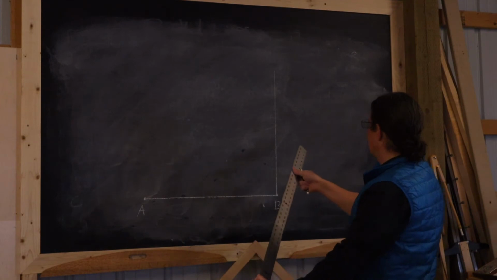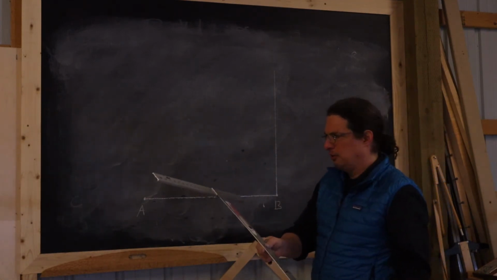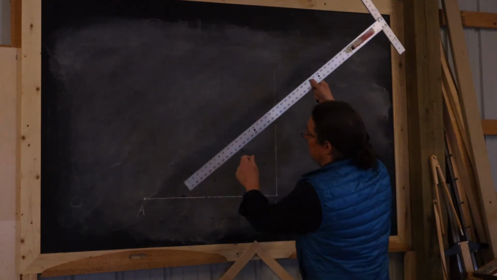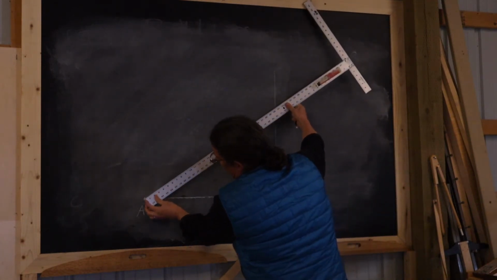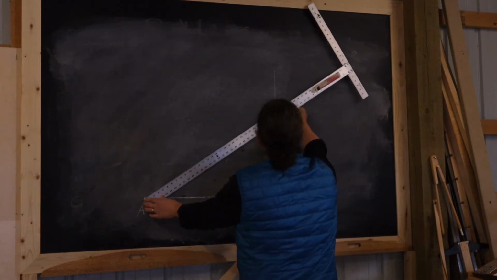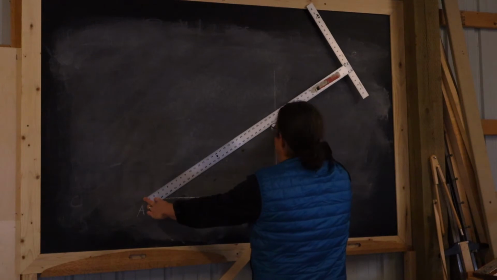Now, this is where the marked ruler comes in, and this is a big drywall square. What we want to do is take a marked ruler and line the 0 end up with the A end point.